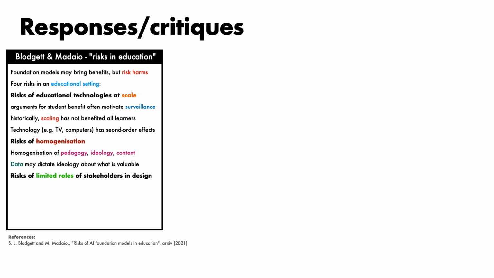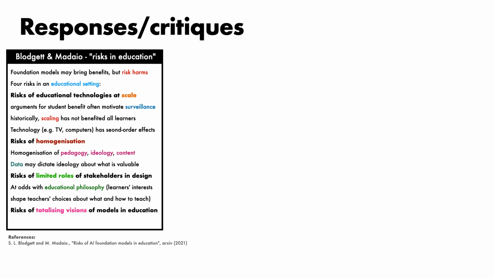A third set of risks relates to the limited role of educational stakeholders in the development of foundation models, who may have little say in key upstream design decisions. This is quite at odds with frameworks from educational philosophy, in which learners' interests and needs shape teachers' choices about what and how to teach.